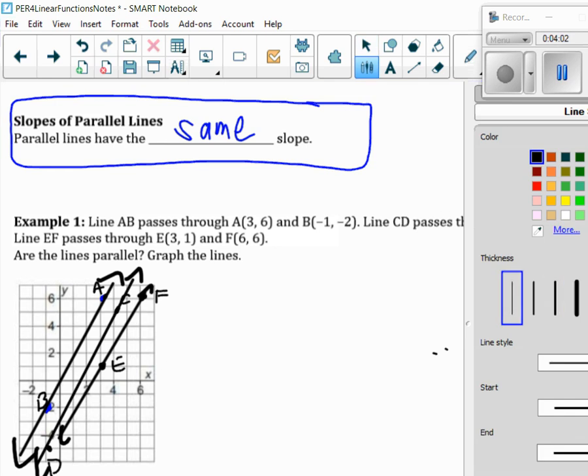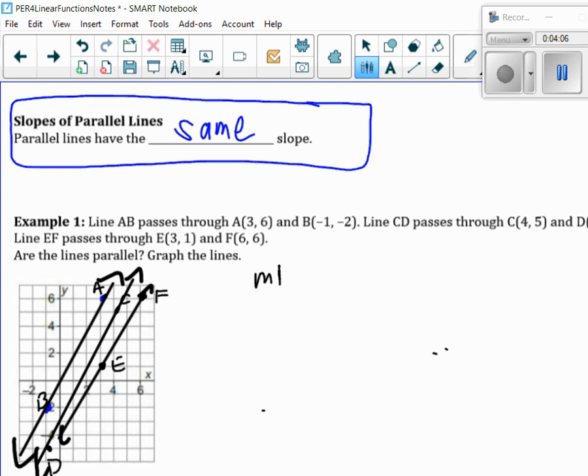I'm going to give you a second to calculate the slopes for each one here: slope of AB, slope of CD, and slope of EF, and then we'll discuss. Okay, so I'm going to calculate from B to A. This is up 1, 2, 3, 4, 5, 6, 7, 8 over 1, 2, 3, 4.